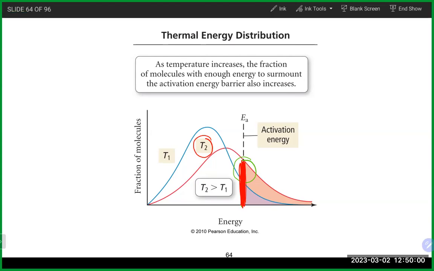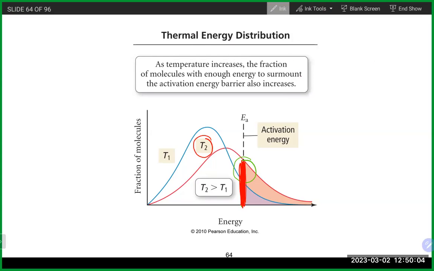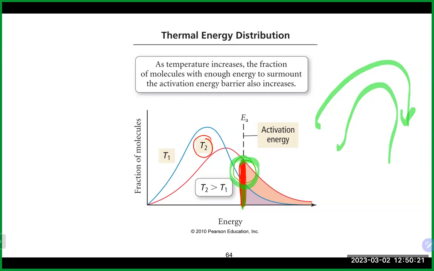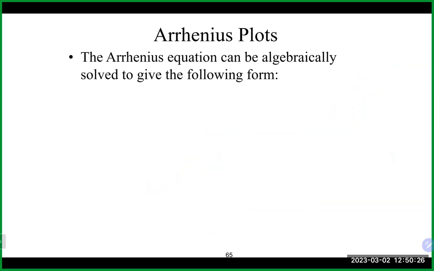When we look at the lower temperature, which is the blue line, it is only up to here in terms of the amount of molecules that have enough energy to get there. So you can see that by raising the temperature, we gain that much more in terms of molecules that have sufficient energy to hop up and over the hill to the other side, again, because they have a lot more energy to allow them to do that.